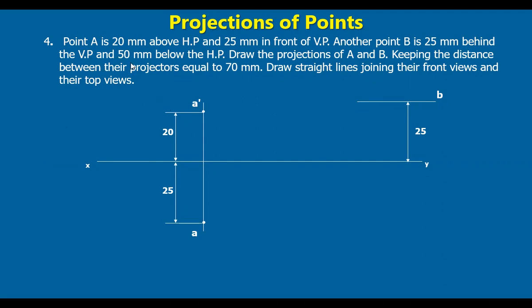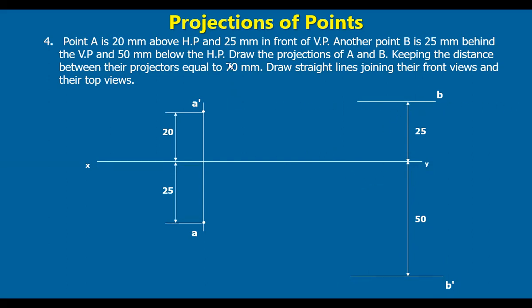How much? 50 mm. So we mark another line here at a distance of 50 mm and draw a line parallel to the reference line. That means the front view B dash is lying somewhere on this line. Also, the top view of B must be lying somewhere on this line. It can be extended anywhere.